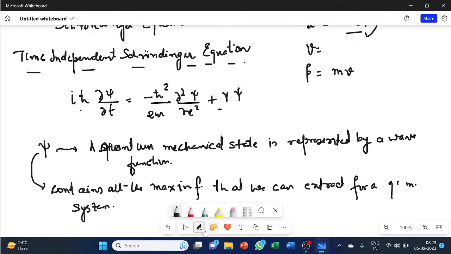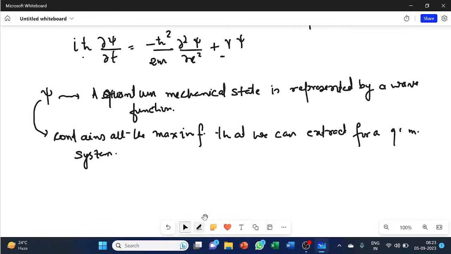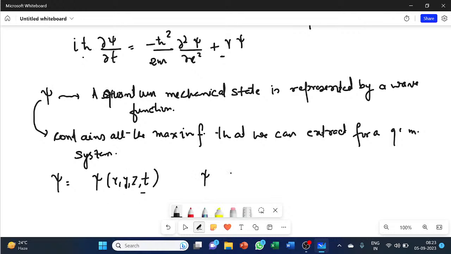Okay, so in three dimensions, if someone asks what is psi, psi would probably be a function of x, y, z, and in fact, it can be a function of t as well. But right now, since we are doing time independent, we will not consider it as a function of time. Right now, we are going to consider it as a function of x, y, and z only. In general, it can be a function of both time and space. So I can write it this way.